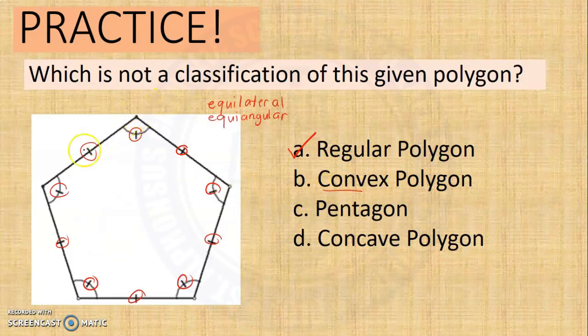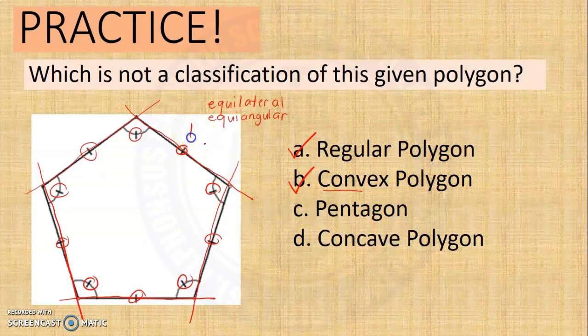Let's try to extend all the sides. If we extend all the sides of this polygon, we cannot see any lines inside, or any points in the interior part. So this is a convex polygon. Is it a pentagon?